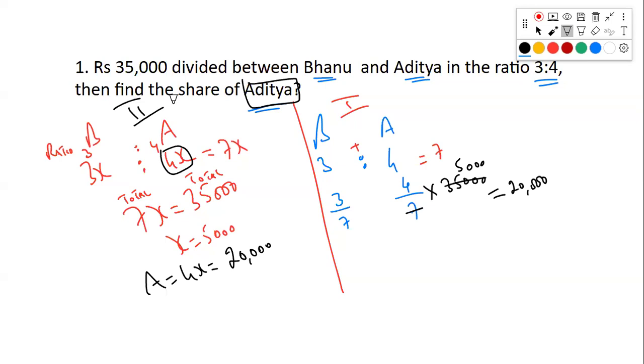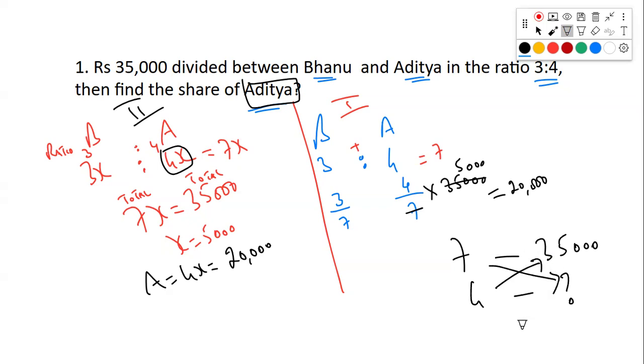You can also put this in terms of cross multiplication. If 7 units is equated to 35,000, what is 7 units? 3 plus 4. The total number of shares here is 7 shares, which is equated to 35,000. Aditya's share is how much? If 7 is 35,000, 4 is how much?